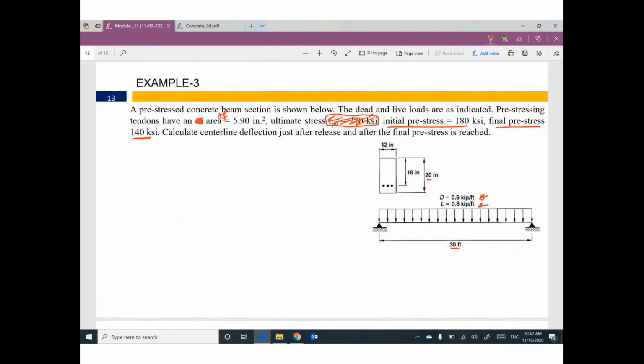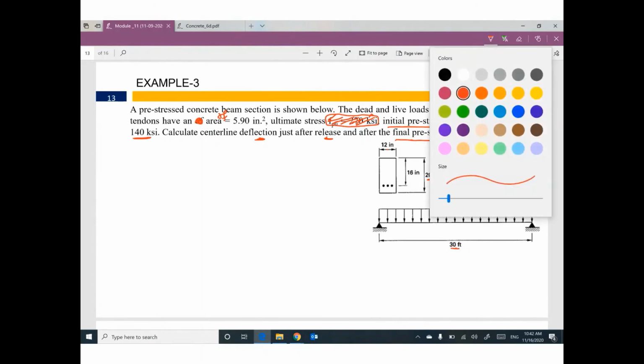So this problem asks to figure out the deflection just after release, just after construction, and after the effect of the final pre-stress force. So we have two situations.